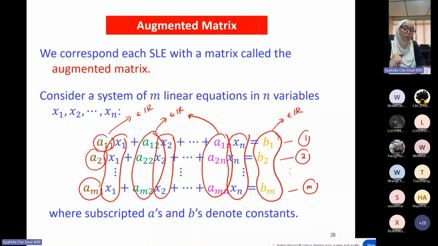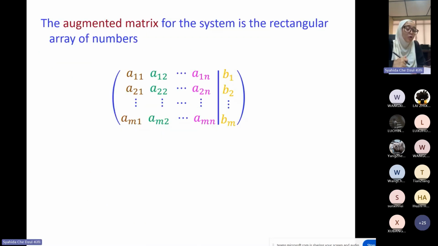From here, we are going to compute the augmented matrix. So here is the augmented matrix. We take the real numbers. The ordering of the linear equations is very important. The ordering of the variables is also important.